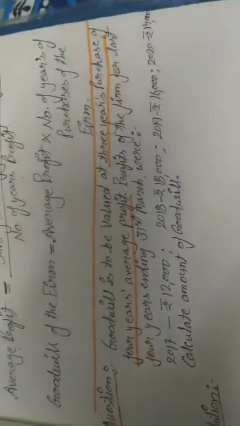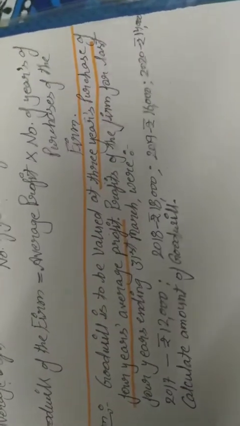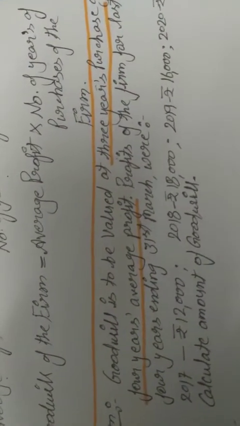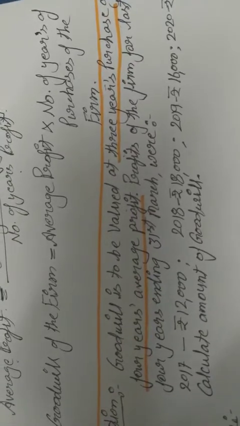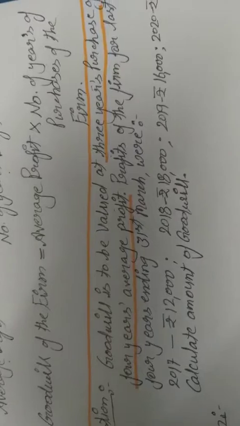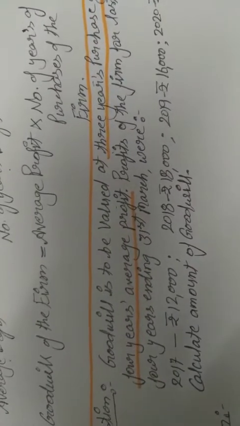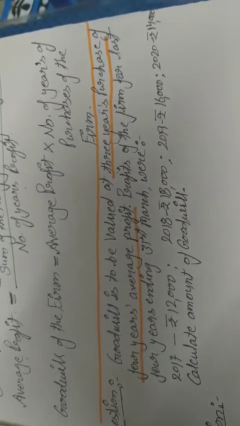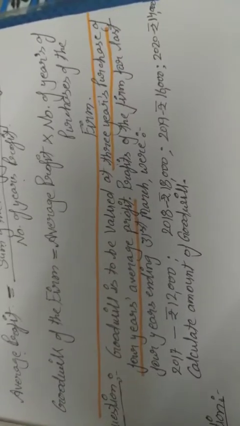It means whatever the 4 years average profit will be, we will find out the goodwill of the firm by multiplying the average profit of 4 years with the 3 years purchases. Okay, then we will calculate the goodwill of the firm.